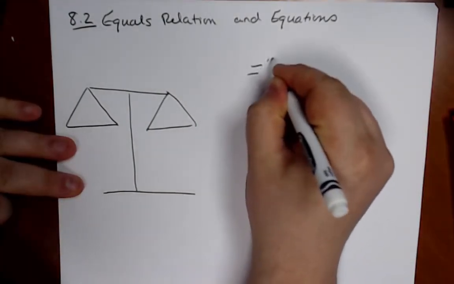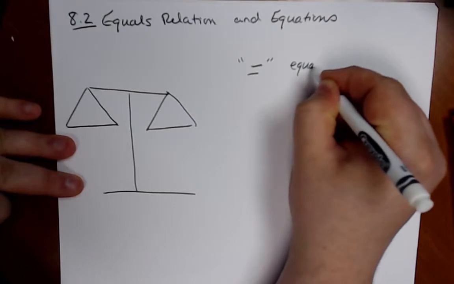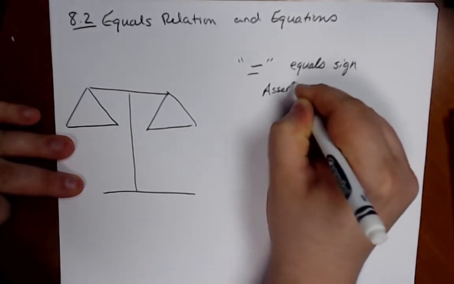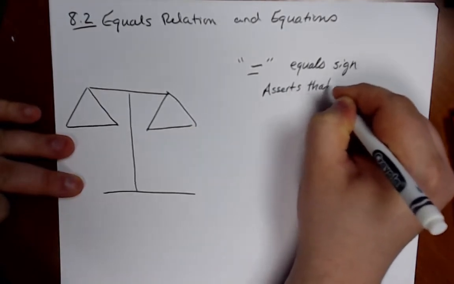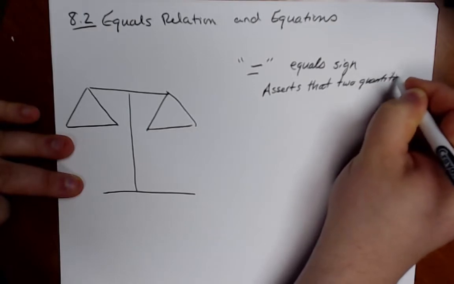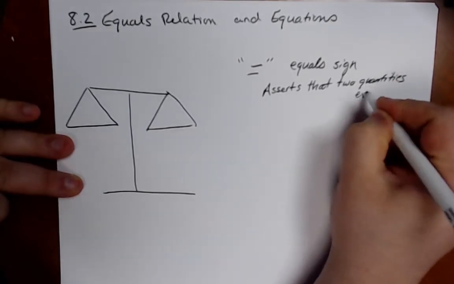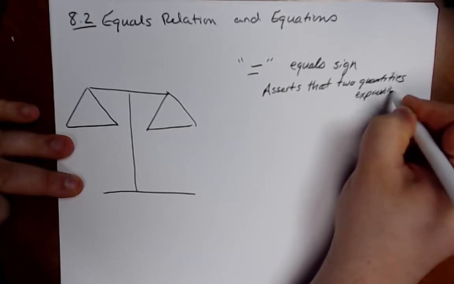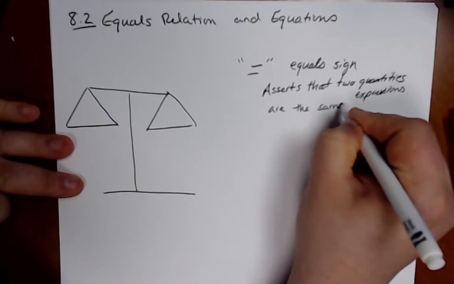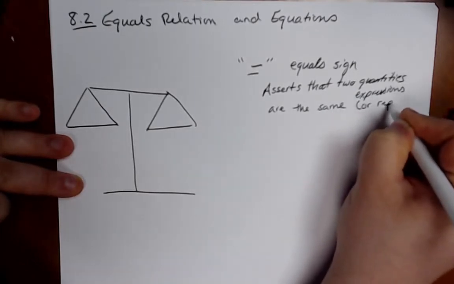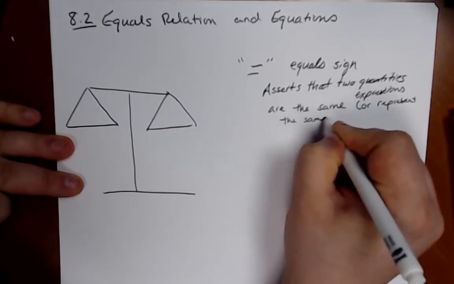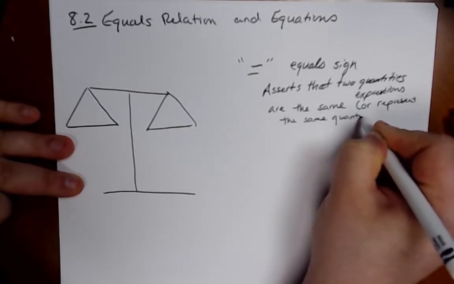So this is our equals sign, and that asserts that two quantities or expressions are the same or represent the same quantities.